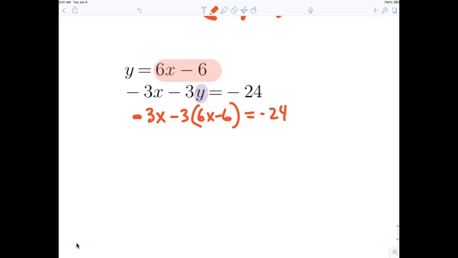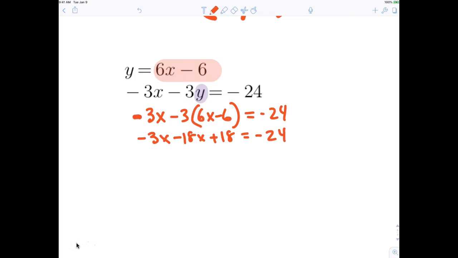Now we're going to distribute the negative 3. That is correct. What's the matter, Will? Negative 18x, and then that would be a what? Plus 18 equals negative 24.